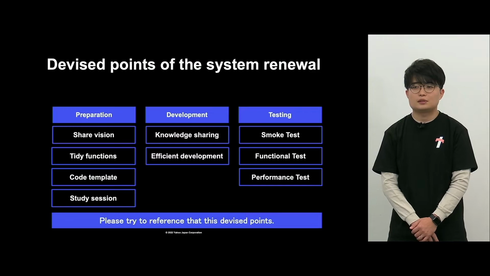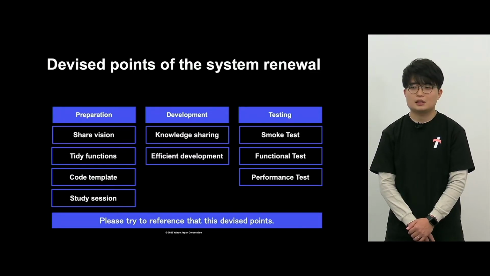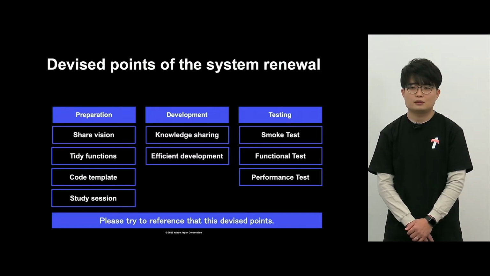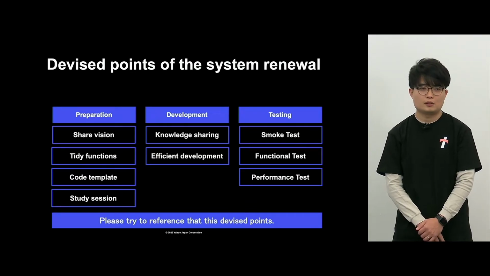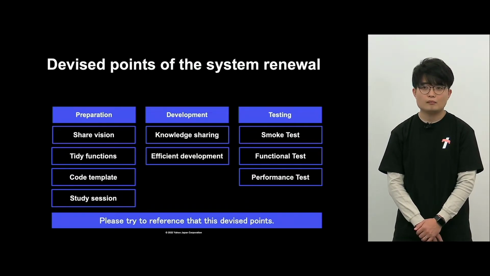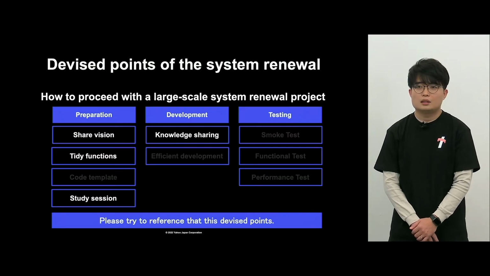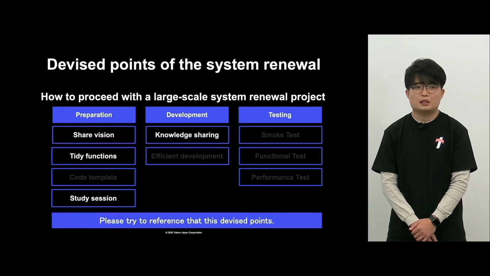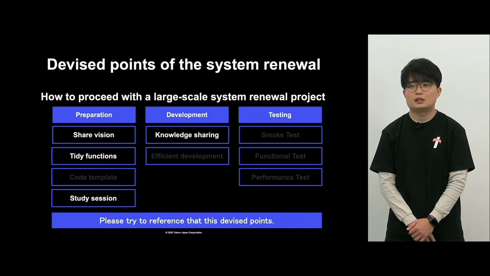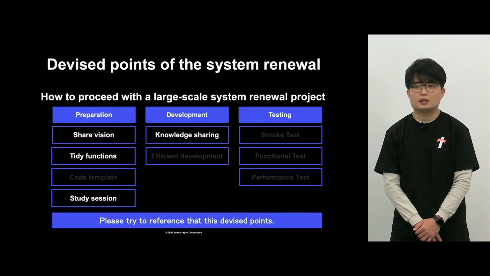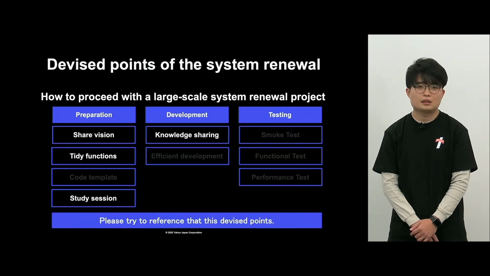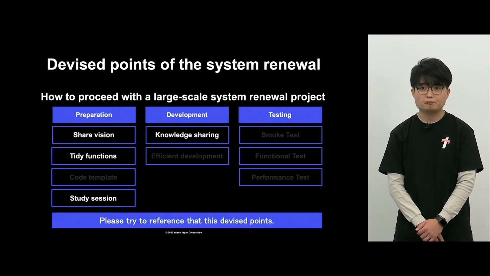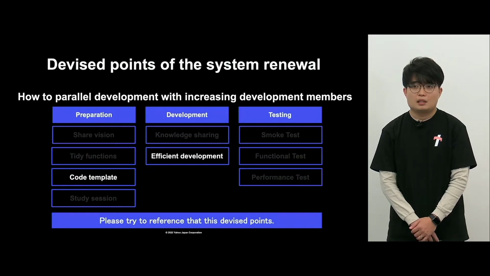So the hints that I have shared with you, I'm sure will be a reference for those people who are thinking of going through system refresh or making improvements. With large-scale system refresh, sharing vision, inventorying functions, study groups, and sharing knowledge, I'm sure that these are all hints in proceeding with projects.